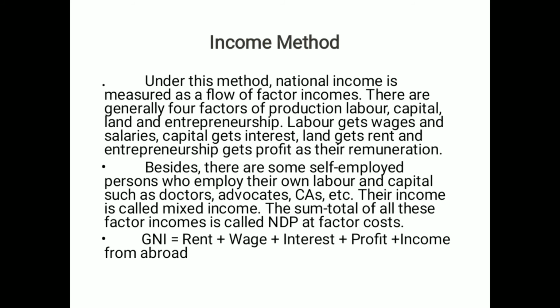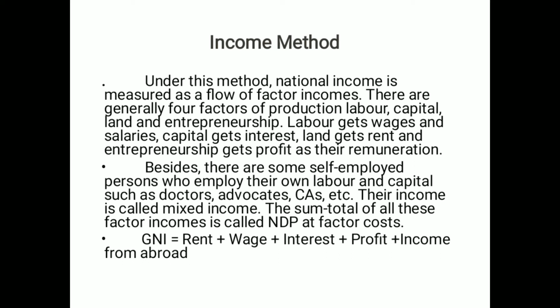The next method is the income method. Under this method, national income is measured as a flow of factor incomes. There are generally 4 factors of production: labor, capital, land, and entrepreneurship. Labor gets wages and salaries, capital gets interest, land gets rent, and entrepreneurship gets profit as their remuneration.